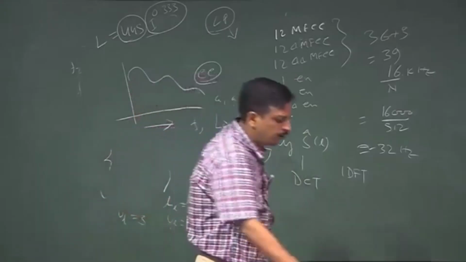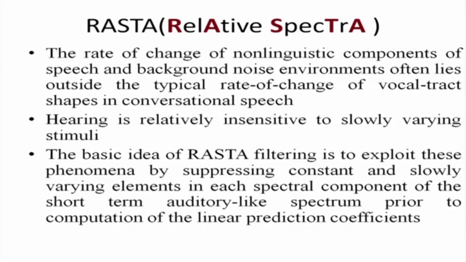Then there is another speech parameter which is called RASTA, relative spectra. The rate of change of the non-linguistic components of speech and the background noise environment often lie outside the typical rate of change of vocal tract shape.